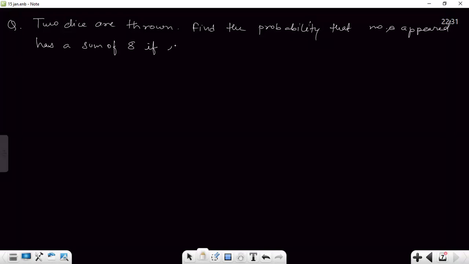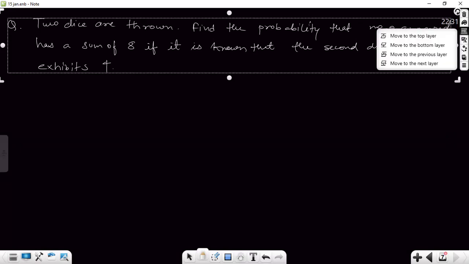If it is known that the second dice always exhibits 4. That is the case.